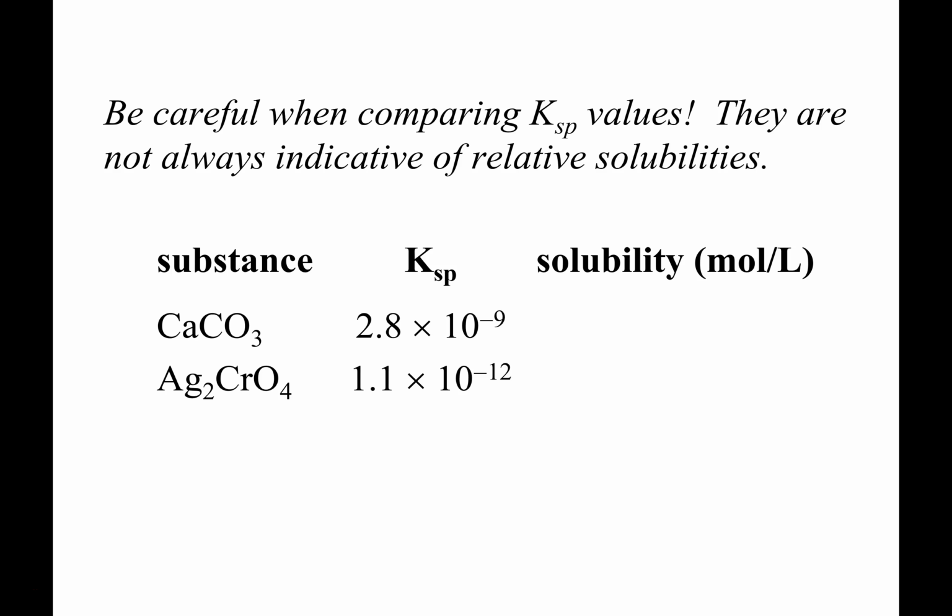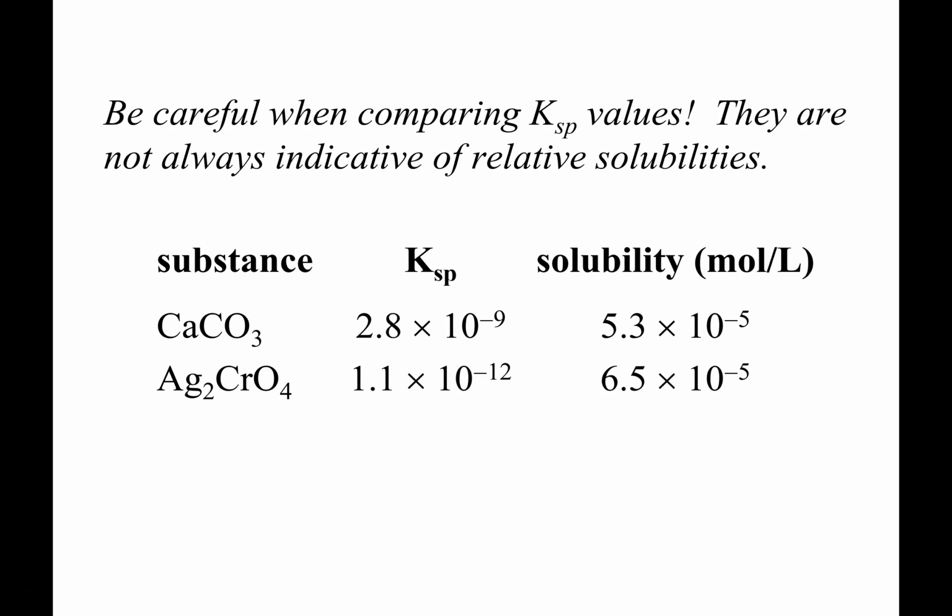The problem in comparing these two salts is that I have 2 particles here and 3 particles here. So even though this seems like it'd be less soluble, the molar solubility for this one is a little bit higher. They're both on the order of 10 to the minus 5 moles per liter, but this is 6.5 instead of 5.3. So the molar solubility is a little bit higher, even though the KSP is smaller.